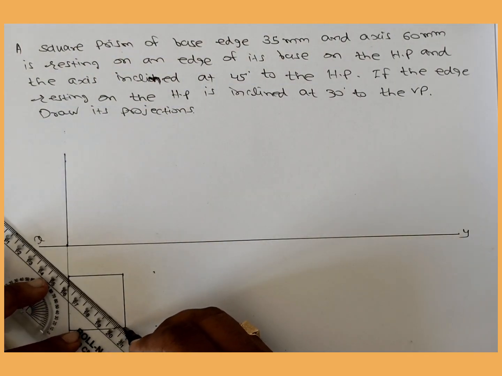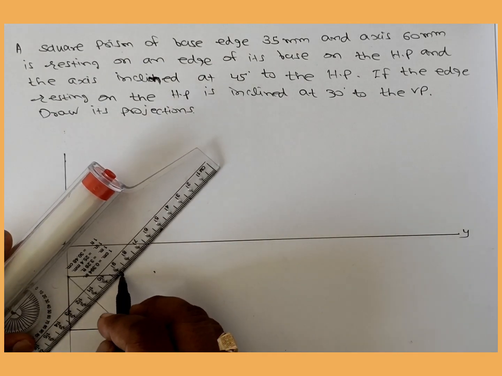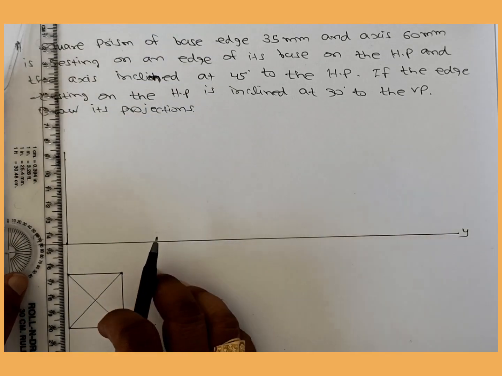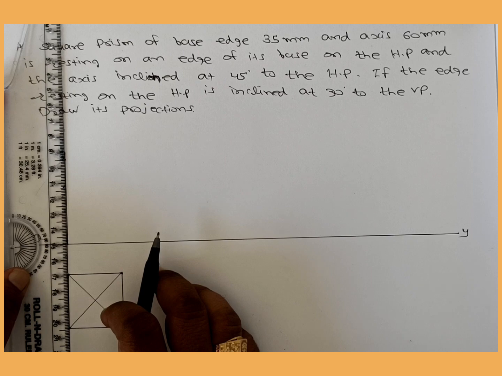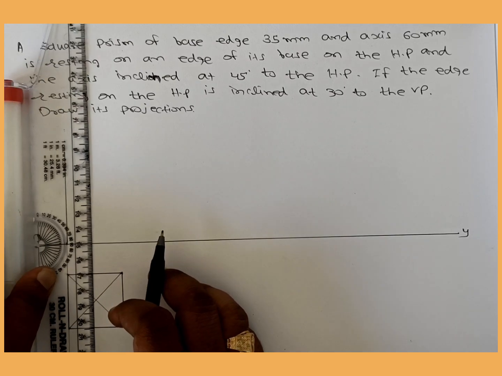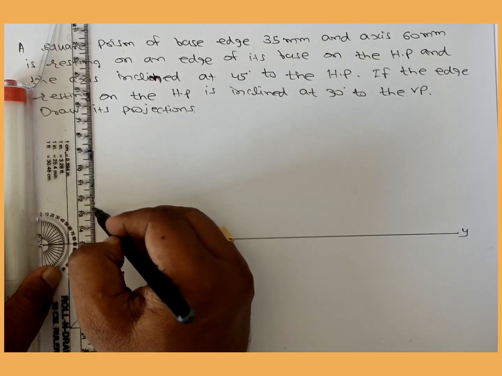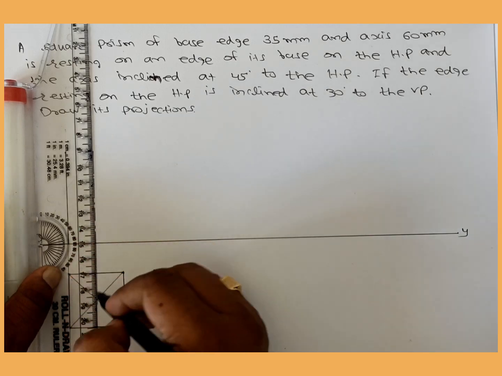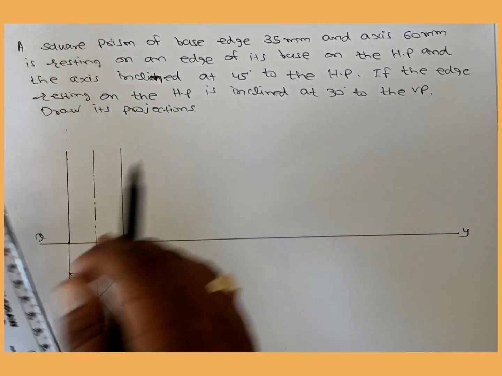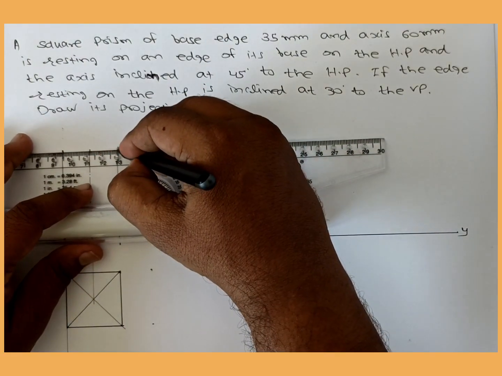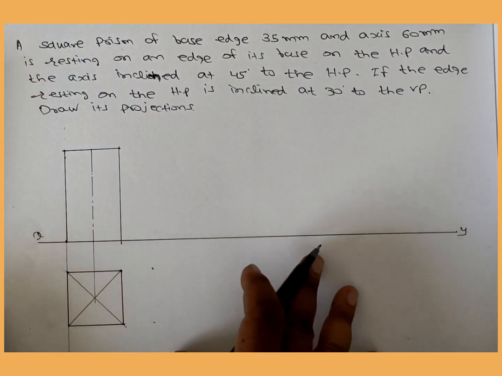We have to find the center of the square. This is the axis. Okay students, here you have to give the numbering.